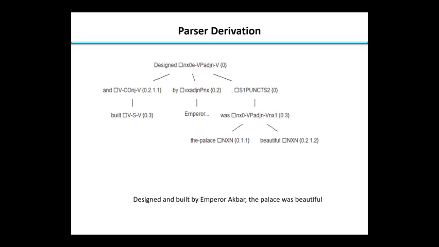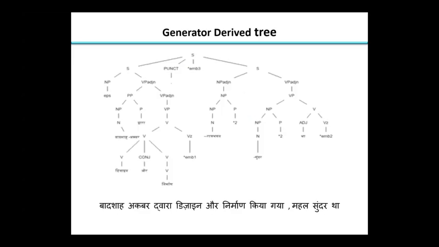This is the pictorial representation of the parsing, how we convert the source sentence into the derivation. This shows how each lexical item is attached to another lexical item. So this is the derivation model, and after that we convert this through the generator.